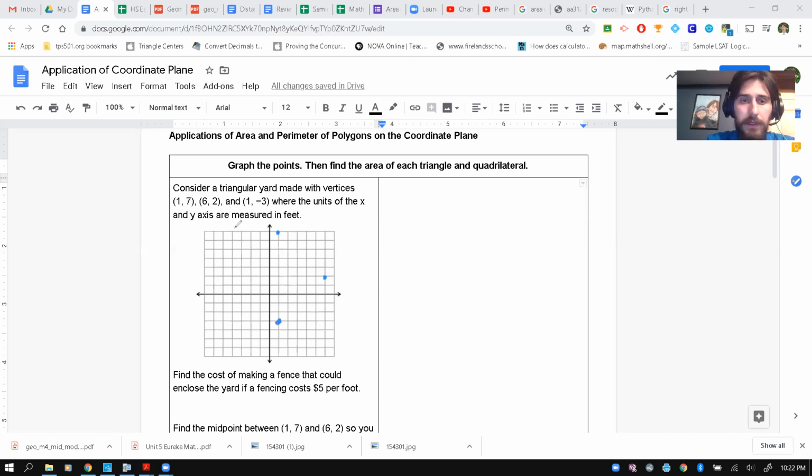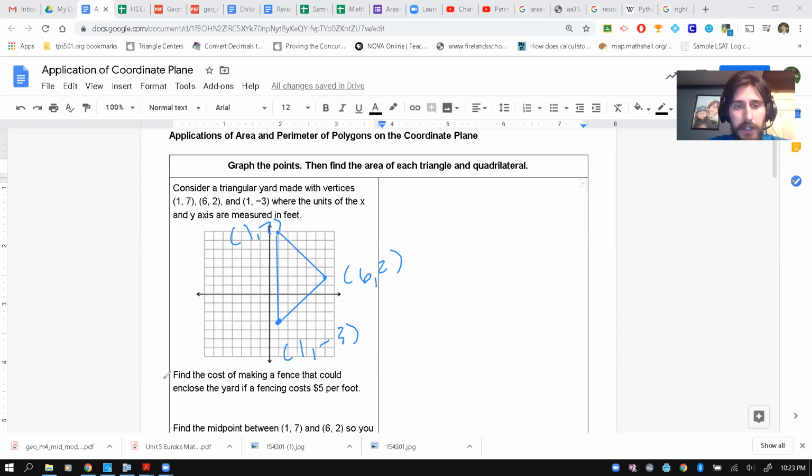That gives me my 3 points that are going to be the corners or vertices of my yard. If I connect those to enclose what I want my yard to be, it makes a triangle. And then we're going to answer a number of questions regarding this triangle.